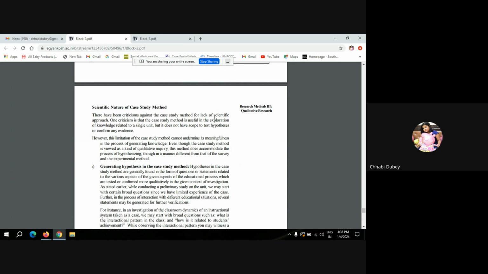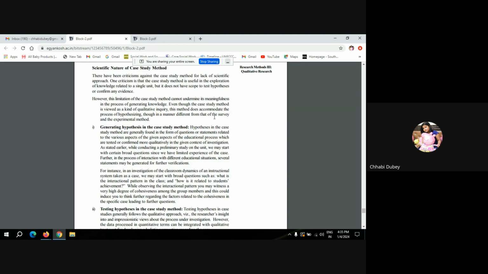Now, how scientific are case study methods? As we've already seen, case study methods are very scientific, irrespective of the fact that they have been undergoing a lot of criticism. All said and done, the case study method is generally considered to be very scientific, and though it has certain limitations, its importance in the field of qualitative research methods cannot be neglected.